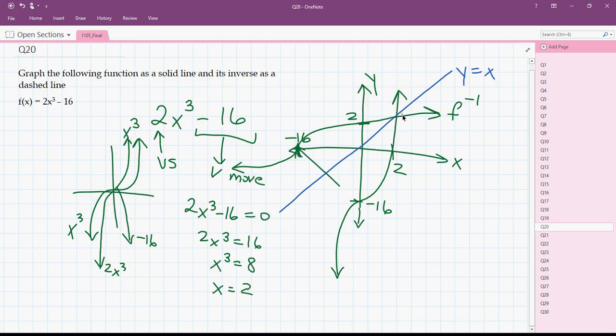So right where it crosses, they should definitely cross. But everywhere else, they should be fairly equidistant. So if we look at this point, and we look at this point, fairly similar, and same thing at that. So without actually calculating the inverse, it lets us graphically draw the inverse just by reflecting it over y equals x.